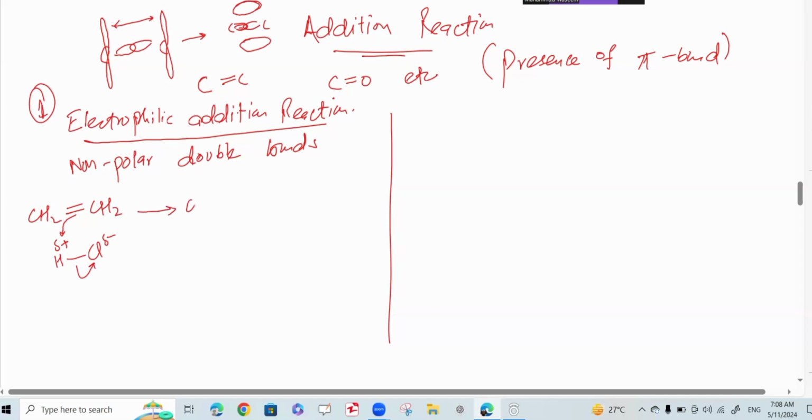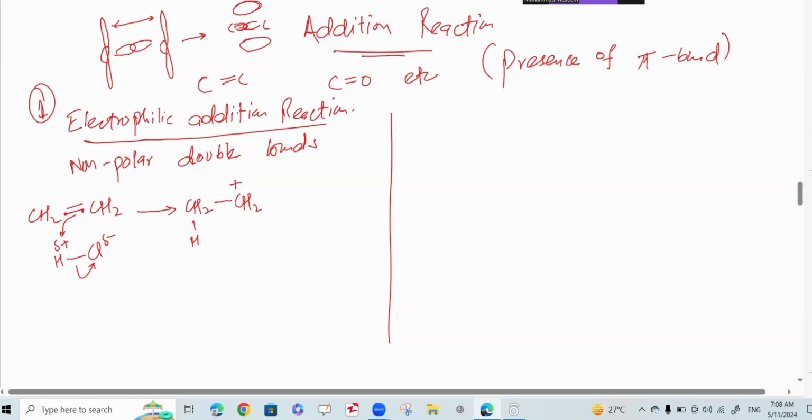What we will get is CH2 and this hydrogen, and this will be CH2, because both of these electrons reacted with this hydrogen. Now it has a deficiency of electrons, so it will have the positive charge.